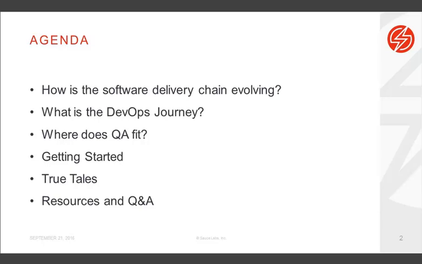So here's our agenda. I'm not going to kill you with slides. I want to make sure that this is very conversational, because it really is a very strategic topic. No matter how much we may want it to be very tactical, it is a very strategic topic, and so it's good to have a conversation as to why the journey exists and where it's all going. So we're going to start off talking about what the modern delivery chain looks like, and how we understand where we're going so that we can prepare to take the steps to get there, because after all, that is the job of all of us on the call, to make sure that our transformation is successful.